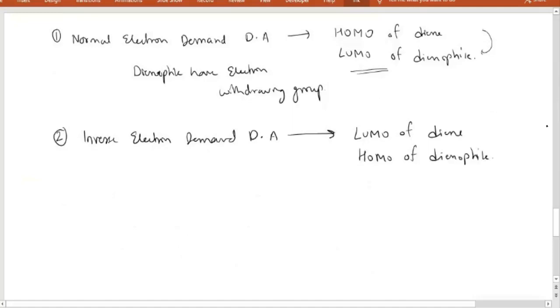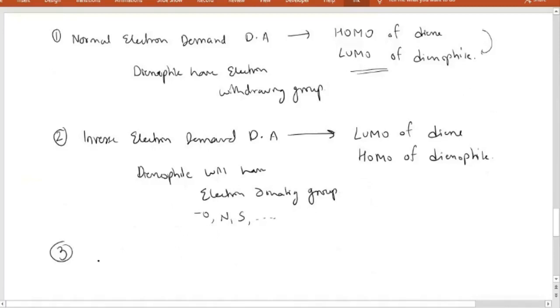So this is your inverse electron demand. Inverse means here dienophile will have electron donating group on it, like oxygen, nitrogen, sulfur, and so on.